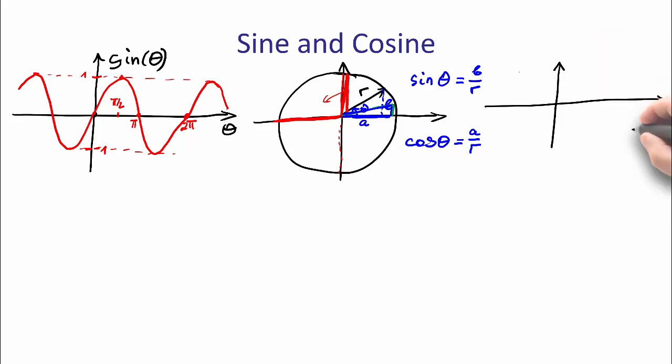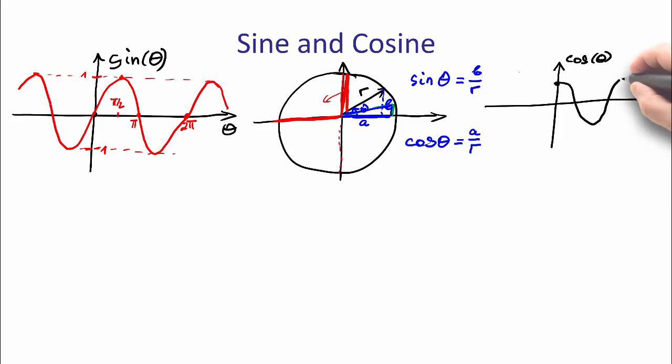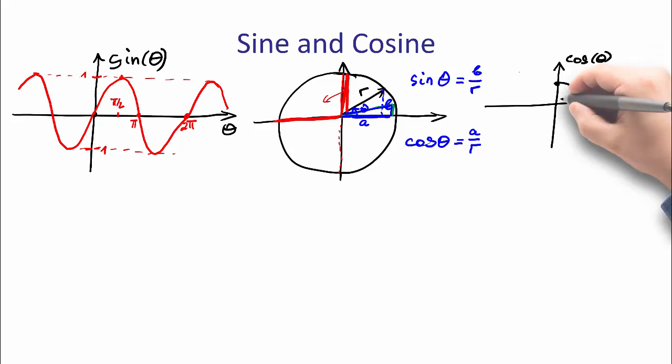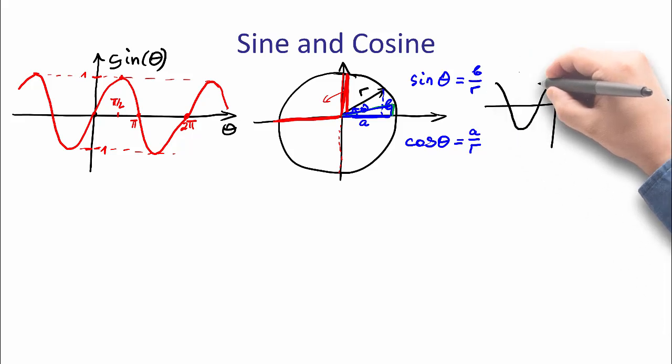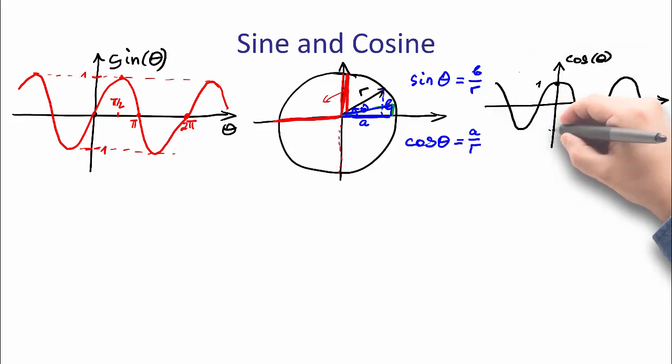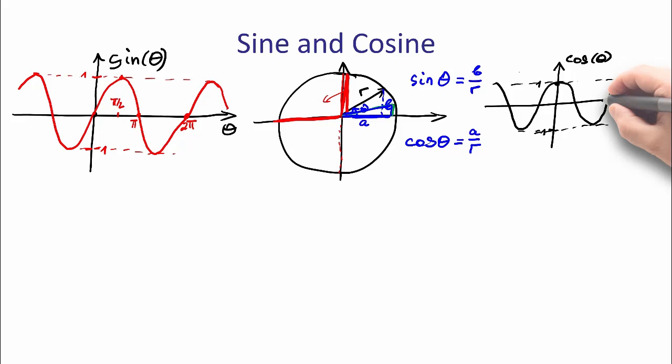So you'll have theta here, cosine theta. It will start with 1. And then it will go down and up and down, and the same thing with the second side. Again, amplitude here is 1 and minus 1 here. And the period here is again 2 pi.